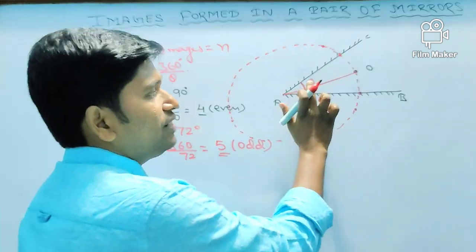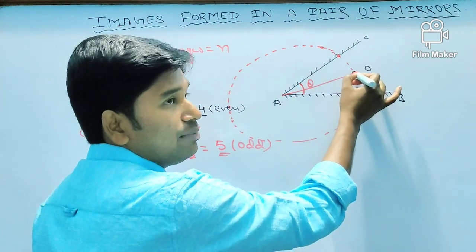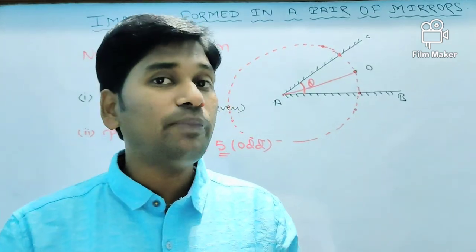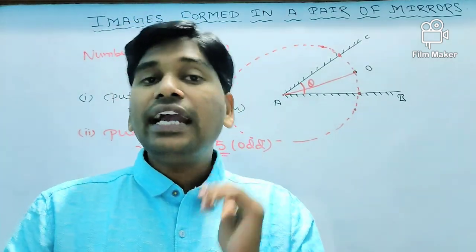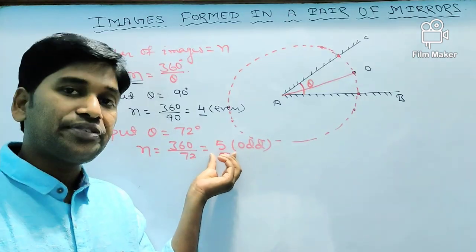So if the object is not placed on the angle bisector, then the number of images will be 5. Value of n is equal to the number of images.